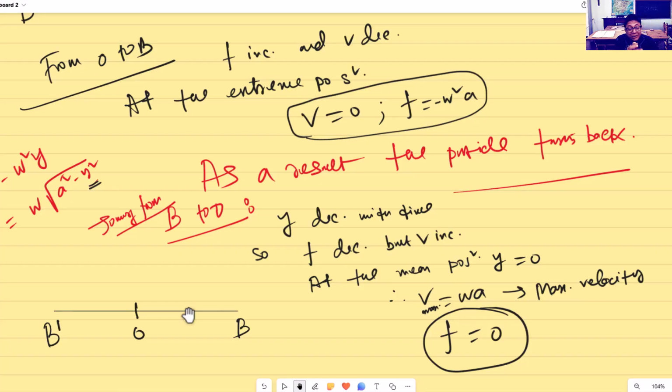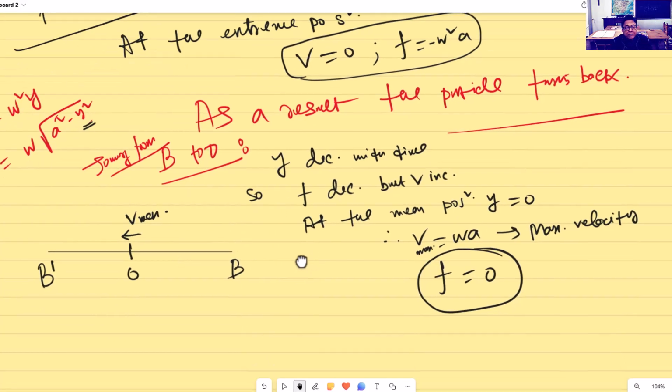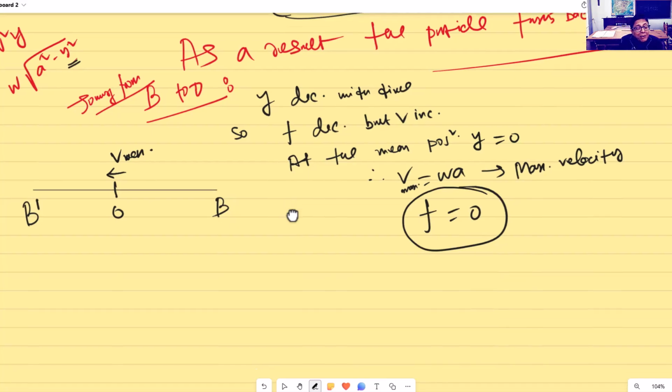So what will happen? The particle will stop over there, isn't it? No. It will never stop. Why? Because it got maximum velocity here, V max. Due to inertia of motion, it continues its motion towards left. So from the mean position, from O to B dash, what is happening?